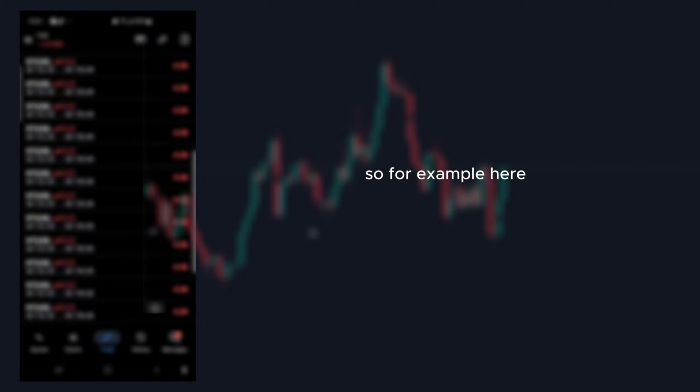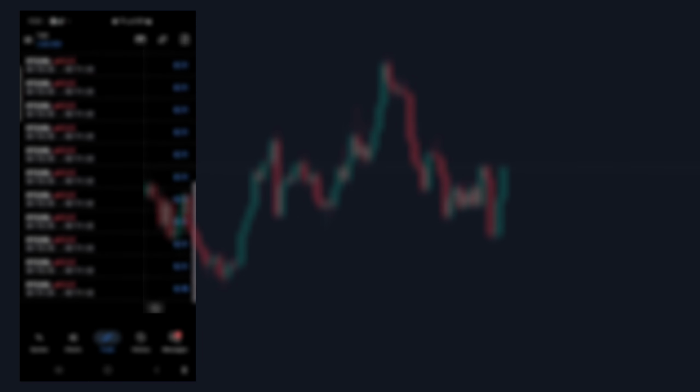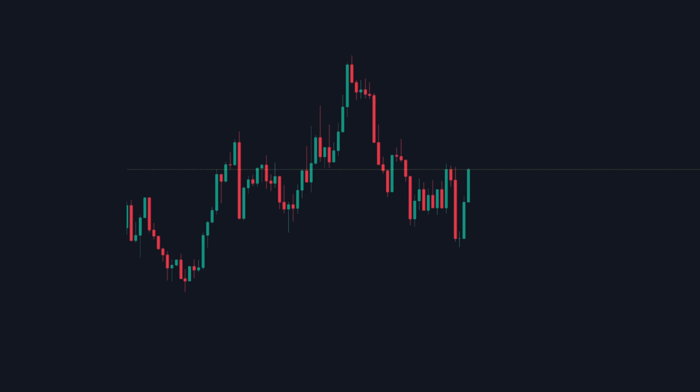So for example, if you look at this chart, we have the market creating a higher high at this zone here, and then it is creating a higher low at this point here.